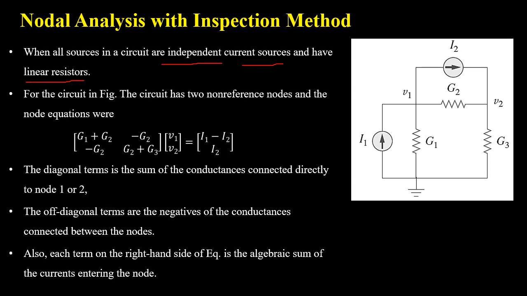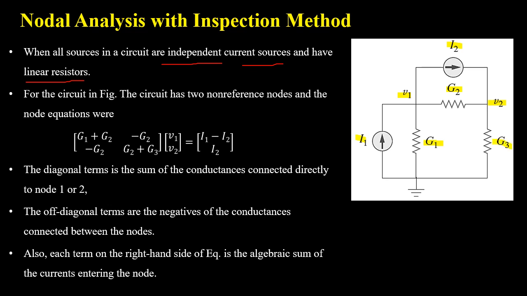Now if you look at the circuit given in the figure, we have two non-reference nodes V1 and V2 and two current sources I1 and I2. We have three resistors whose conductances are given as G1, G2 and G3.